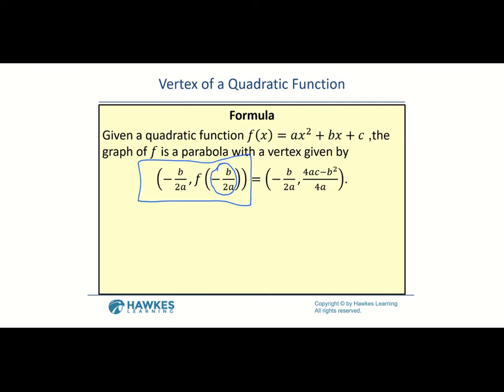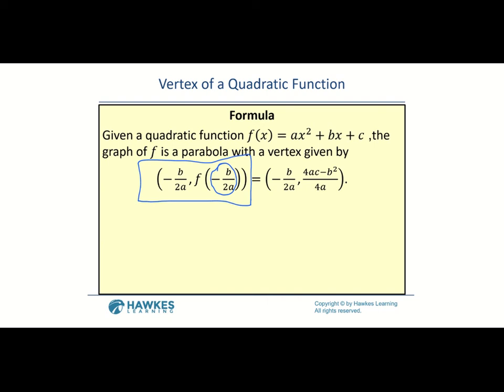Sometimes, if x is a fraction, that y value makes it a little bit harder to solve. If that is the case, there is another way to find the y value so you don't have to deal with messy fractions.